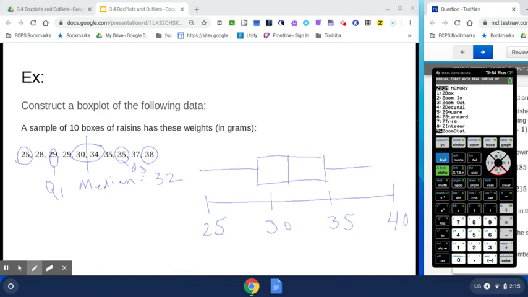So basically in your list 1. And there's my box plot, which looks very similar to the one that we constructed by hand. You can press trace and then toggle left and right to see the values of the minimum, Q1, the median, Q3, and the maximum.